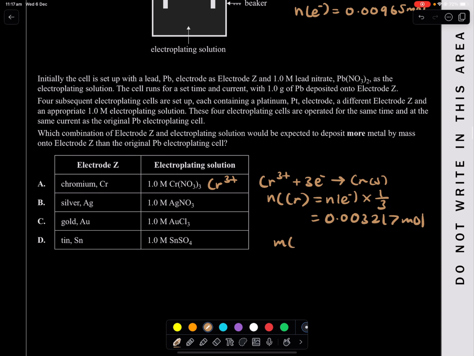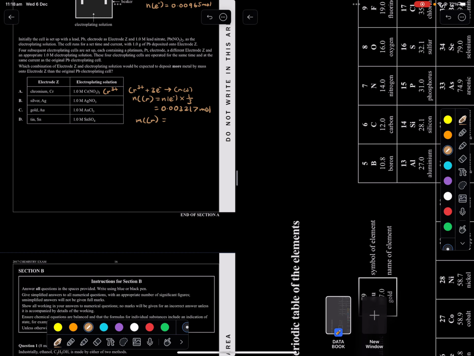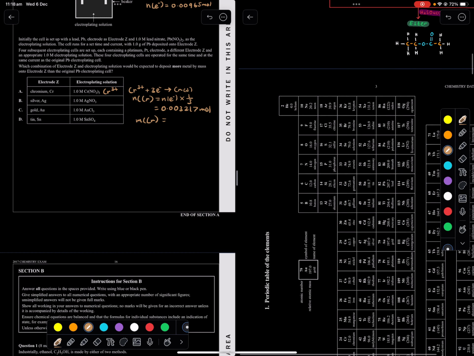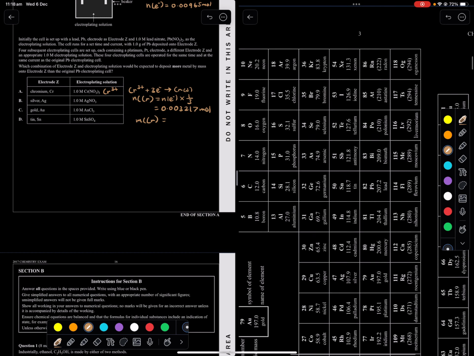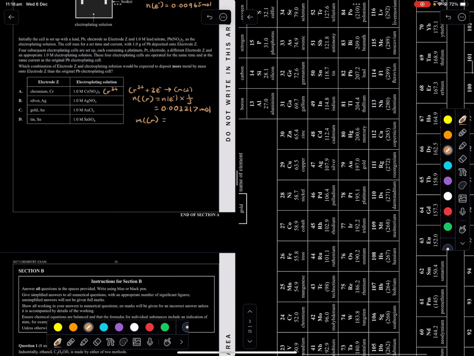And remember, we want the mass. So the mass of chromium that will be deposited is the moles times the molar mass of chromium. What is chromium? If we look over here, chromium is 52.